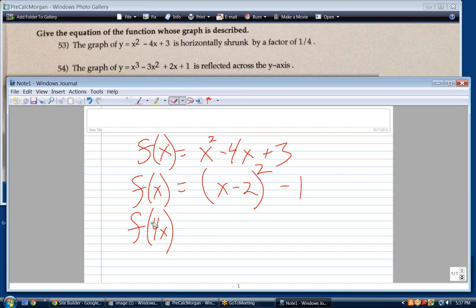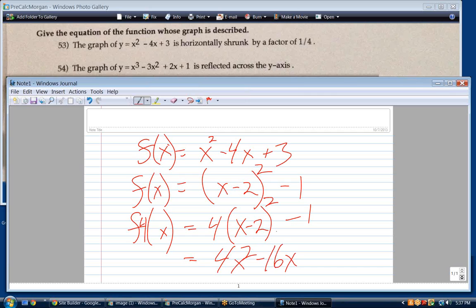I want to look at f of 4 times x. And that would give me 4 times x minus 2 quantity squared minus 1. Now, if I multiply this out, I get 4x squared minus 16x plus 16 minus 1 plus 15.